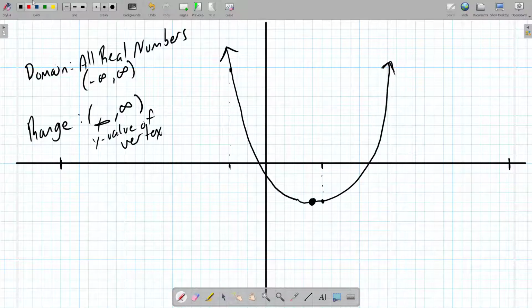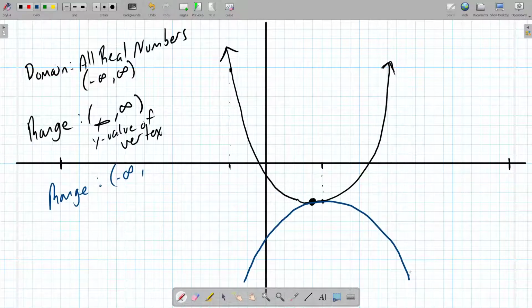If this parabola was upside down, our range would go all the way down, down, down to negative infinity, and we would go up and up and up until we hit the vertex, and that vertex would be the highest point.